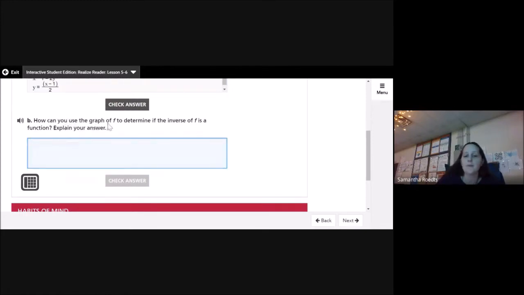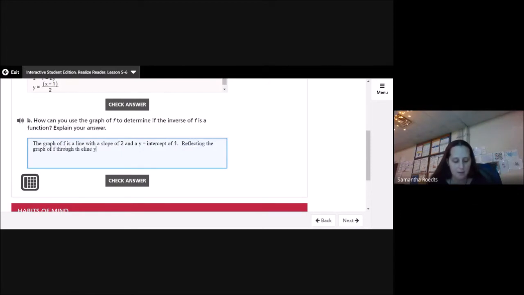How can you use the graph of f to determine if the inverse of f is a function? Explain your answer. So the graph of f is a line with a slope of 2 and a y-intercept of 1. Reflecting the graph of f through the line y equals x results in a line with slope of 1/2 and a y-intercept of negative 1/2.